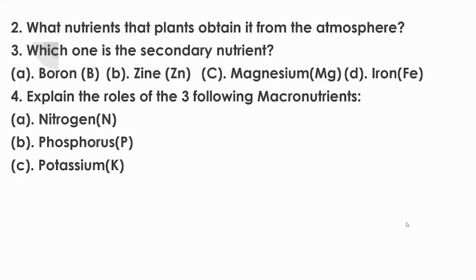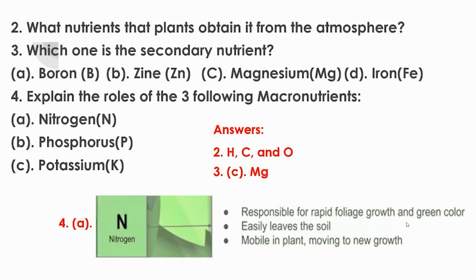Thank you so much. Question number 4: explain the role of the following three. Here is the answer, about the role of nitrogen in plants. Nitrogen is responsible for rapid foliar growth and green color, and it is mobile in the plant, moving to new growth.